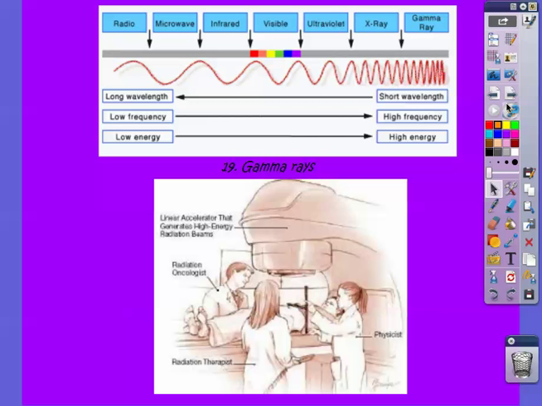So what happens is that gamma rays will damage the membrane of cells, and that has potential to cause cancer if healthy cells are exposed to it. But if you have cancer cells that are exposed to the gamma radiation, then those cancerous cells will be damaged and destroyed in the same way that healthy cells would have been, so that we can use this to treat cancer. So gamma radiation therapy is a fairly common way in which cancer patients would be treated.